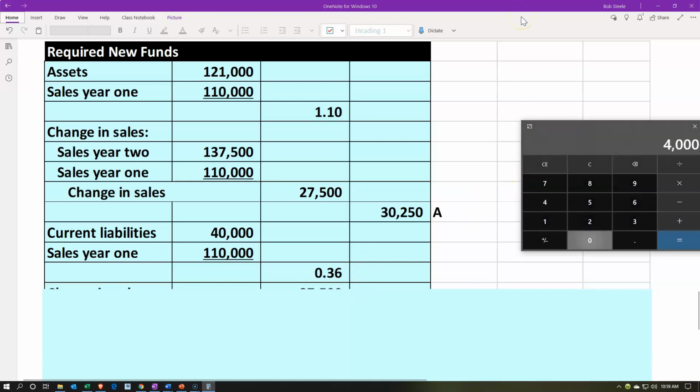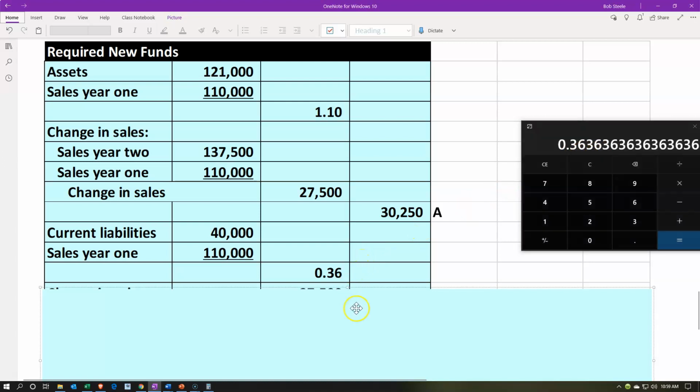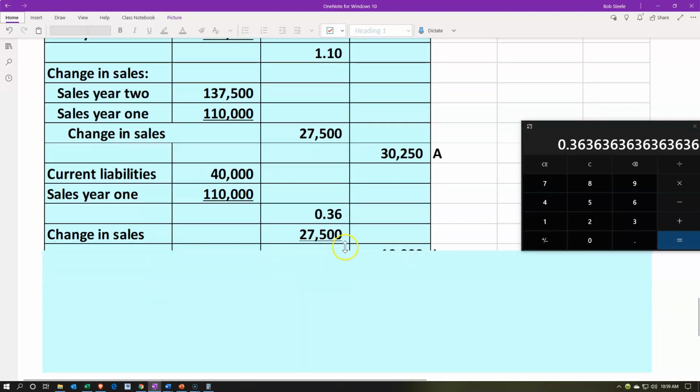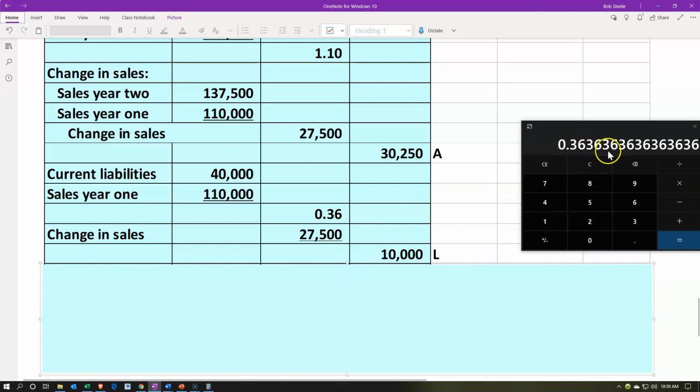So we got the 40,000 divided by the 110,000. And notice it's not even right there. So just note that I'm actually going to use this number when we do our calculation, even though it says 0.36 here, because this was done in Excel. And then we're going to say the change in sales, which we already calculated up top, 27.5, times the 0.36 now, which is actually this number.